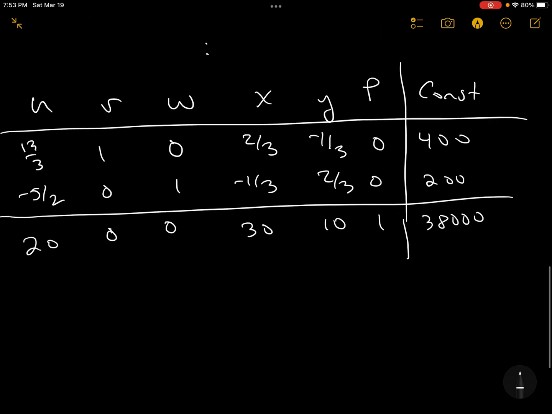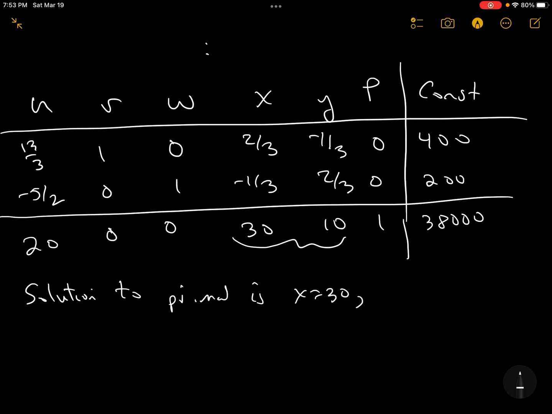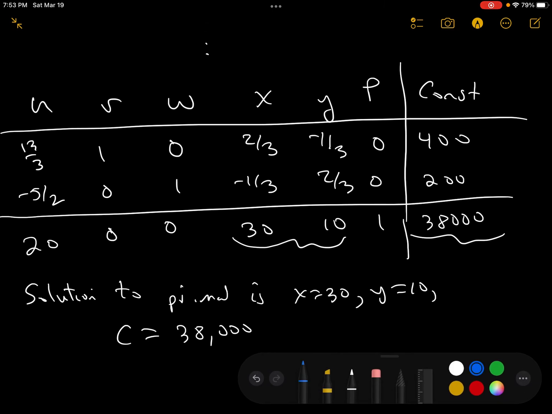All right, so the solution to the primal is this. x equals 30, y equals 10, and c equals 38,000, because you read off these three guys here.